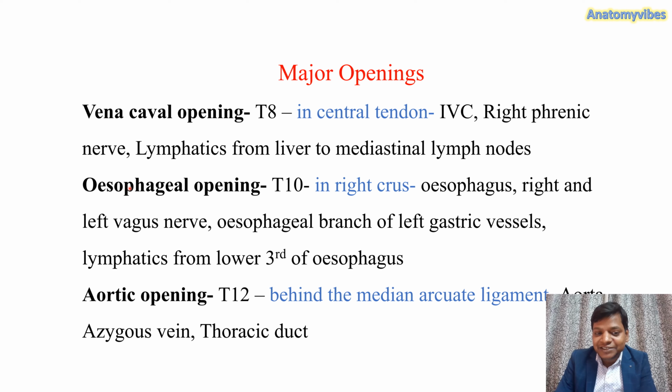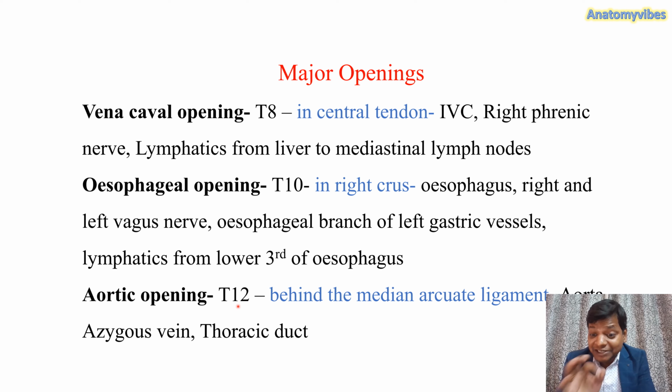Simple. Esophageal opening. Count the number of letters in esophagus. It will come to 10. That's why T10. Aortic opening. Count the letters in thoracic aorta. It comes to 13. But we have only 12 thoracic vertebrae. So T12. Simple.